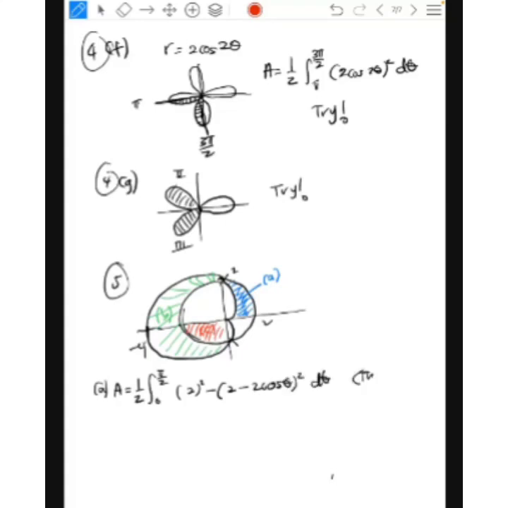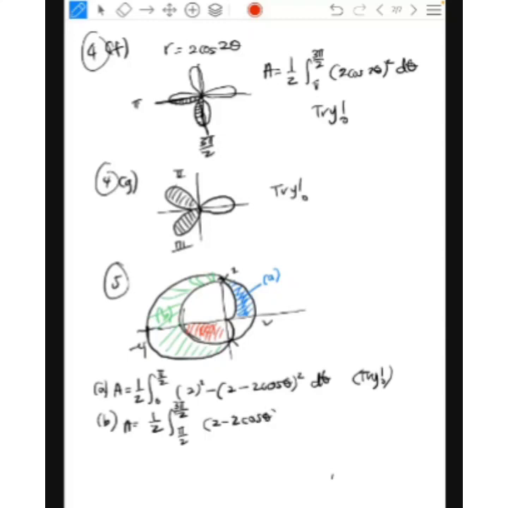Okay, so we try. And then for B, pi over 2 until 3 pi over 2. Again the outside is the quadrant, so quadrant minus the circle.